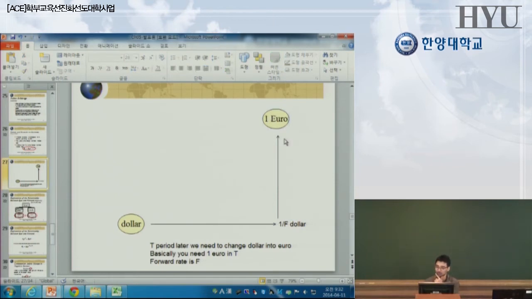And then in order to have 1 over F dollar T period later, how much dollar do you have to put in your bank right now? You have to deposit some money, and it will grow and become 1 over F dollar.